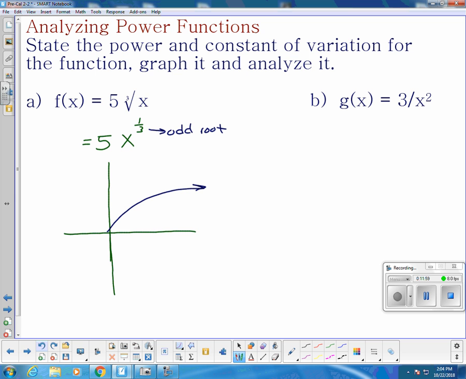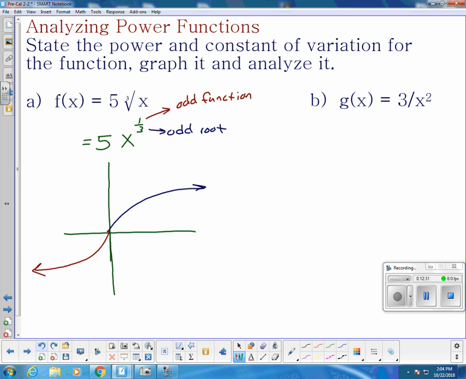The domain is all reals. All right? What we have on the left side can be figured out by the top. The numerator. If it's odd, you have an odd function. Remind me, with an odd function, what's going on with the graphs? In an odd function, the graphs, are they reflections or are they rotations? They're rotations. So this side is going to look like this, because it's a rotation around the origin.